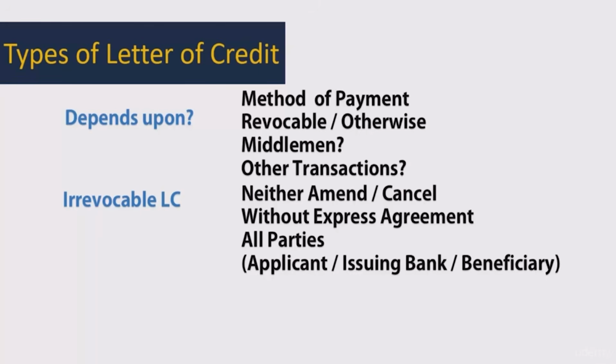Then we can also have two or three other classifications or types of LC. One, we have site LC. Site LC is a case where the seller is not giving any credit to the buyer.